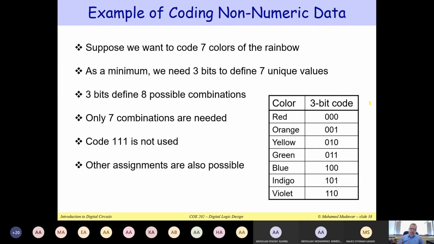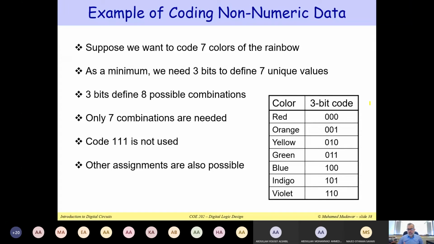So we need more than 7, well, at least 7 unique values. If I use 8, that will be good because I can have a unique code for each one of these 7 colors. If I use 4 bits, I will have 16, but that will be too many.